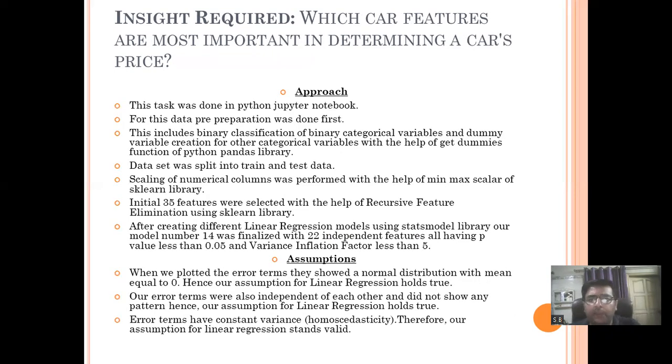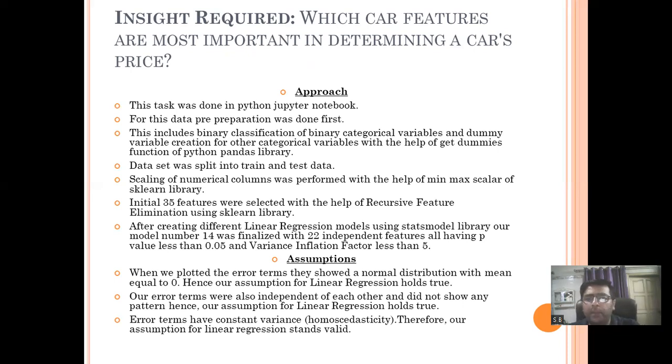Coming on to our third task, which car features are most important in determining a car's price? So this is our linear regression task. For this task, I used the Jupyter notebook, and first of all, the pre-preparation of the data was performed by me before creating the model.